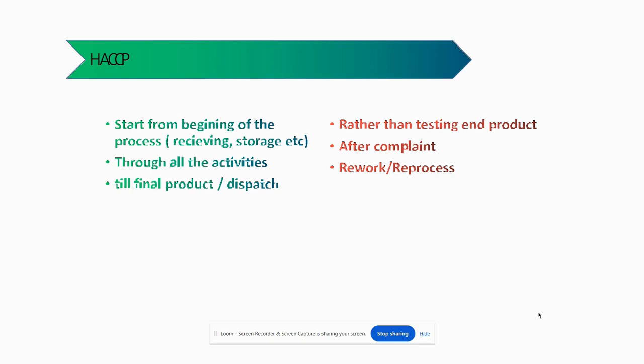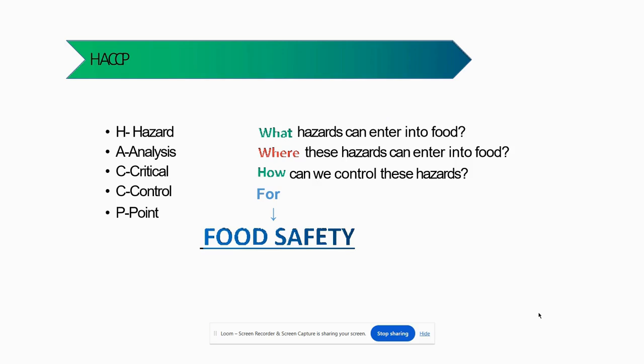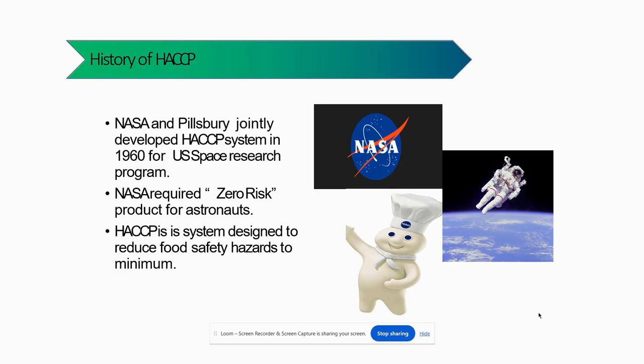The history of HACCP goes back to 1960, where NASA requested a zero risk product for astronauts. This HACCP system was first implemented by Pillsbury, that is General Mills, to provide zero risk food products for astronauts in space.